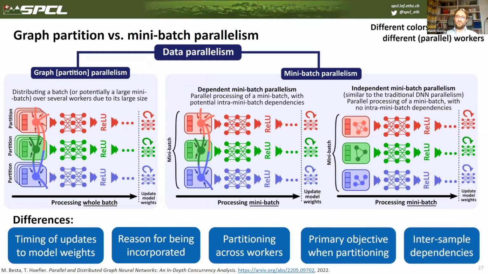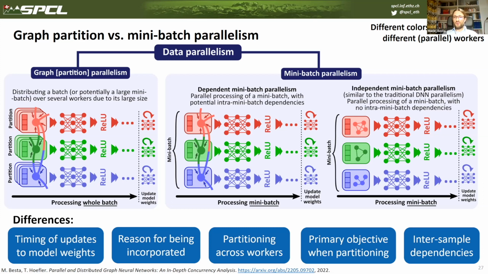And then the final difference are the inter-sample dependencies that may heavily impact the system design of the GNN pipeline for these two types of parallelism. Namely, in graph partition parallelism, there is almost always some dependency, and there is only no dependency if our graph is disconnected between the samples, right?